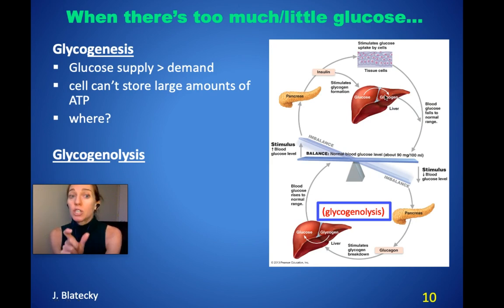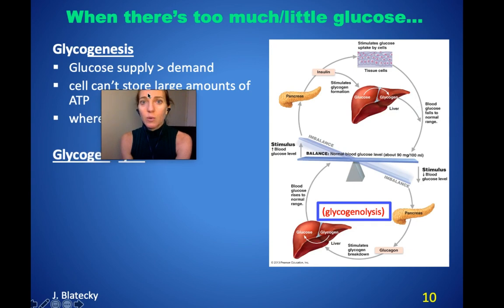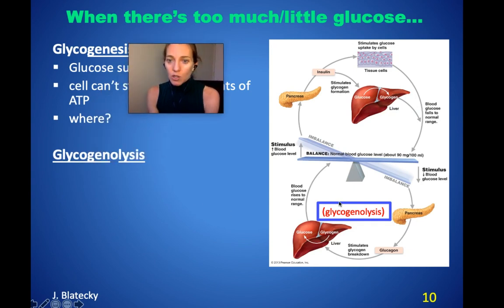So that's glycogenesis. Now, glycogenolysis, we have also seen, I just didn't define it as such when we were looking at the endocrine chapter. That's what you see down here. I've added the term. If blood glucose levels fall, it could simply be skipping breakfast in the morning, or even the overnight fast, that 8 hours ideally that we've had to sleep. To some extent, our blood glucose levels will fall there. Our pancreas will release glucagon, and it's going to do just the opposite.